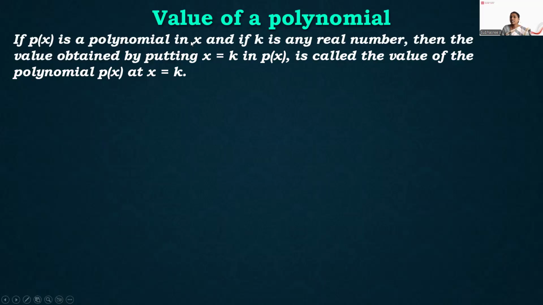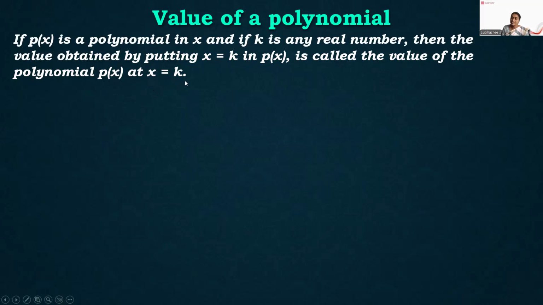It is given that k is called as a real number. So you want to find any of the value of p of x. You want to know what is the value of x. So p of x means if, for example, if I take x equal to 1, then you have to find what is p of 1.